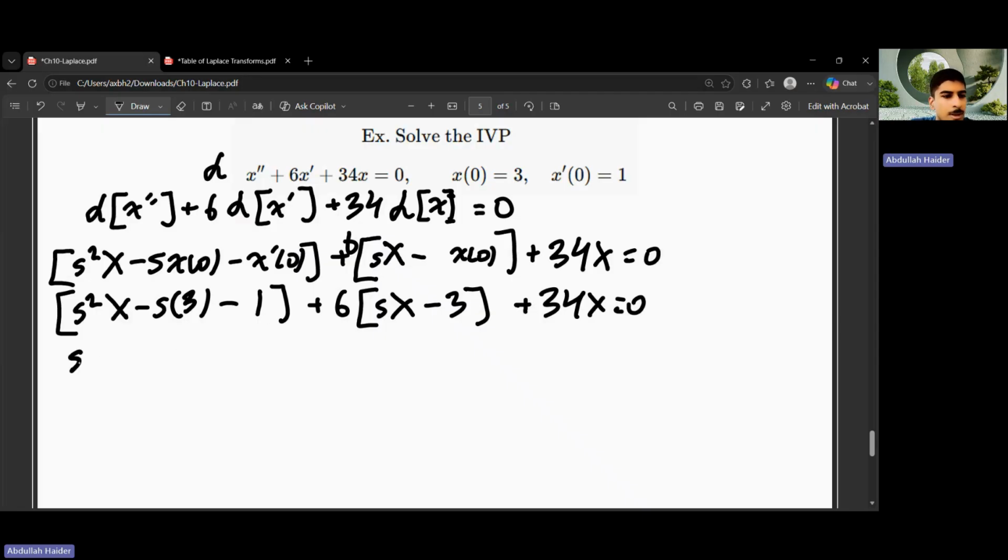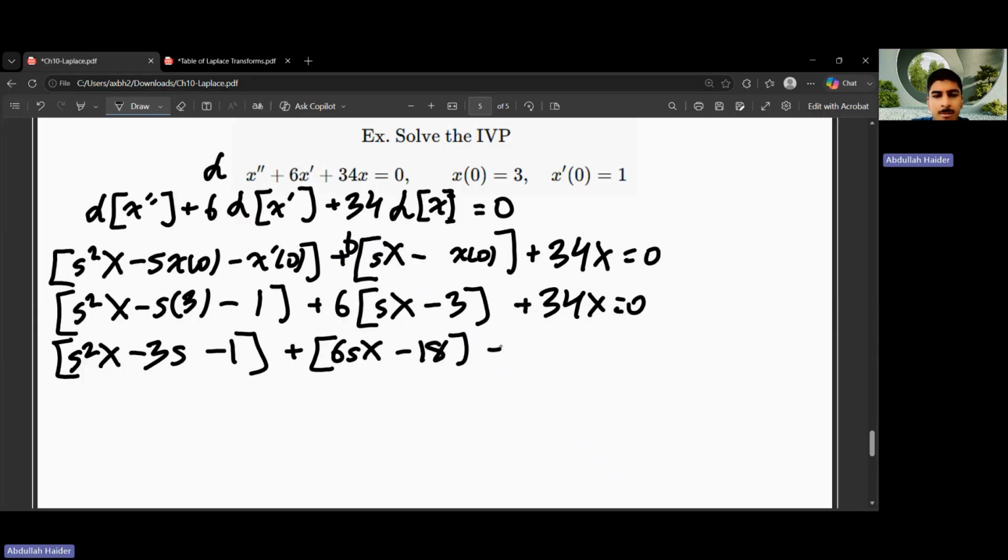So give me s squared big X minus 3s minus 1 plus 6s big X minus 18 plus 34 big X is equal to 0. Group all the big X's together: s squared big X plus 6s big X plus 34 big X.